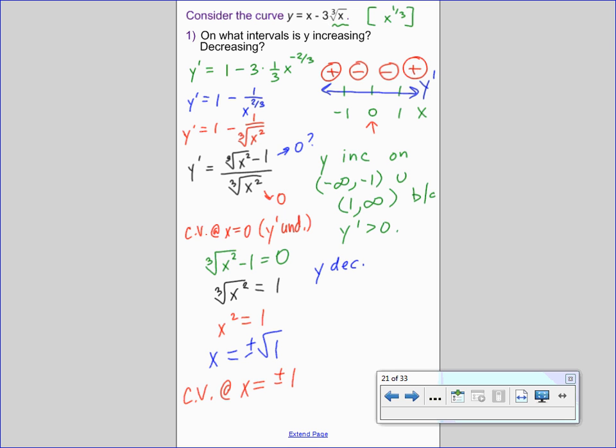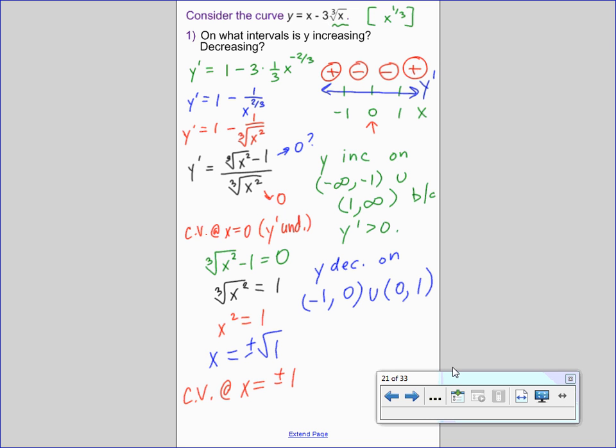y is decreasing on negative 1 to 0, union 0 to 1.